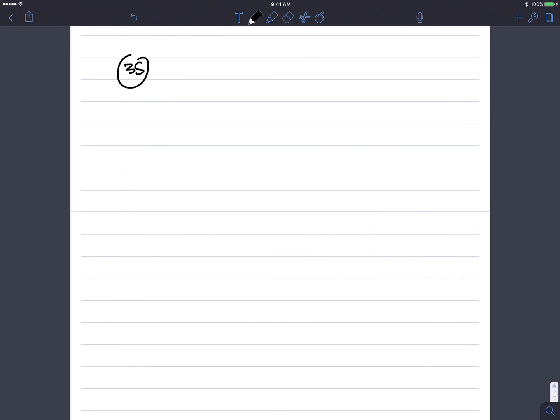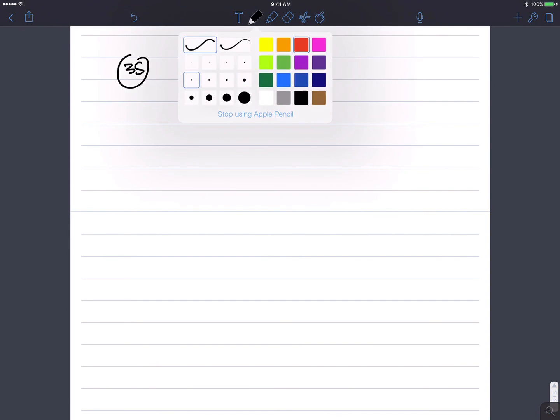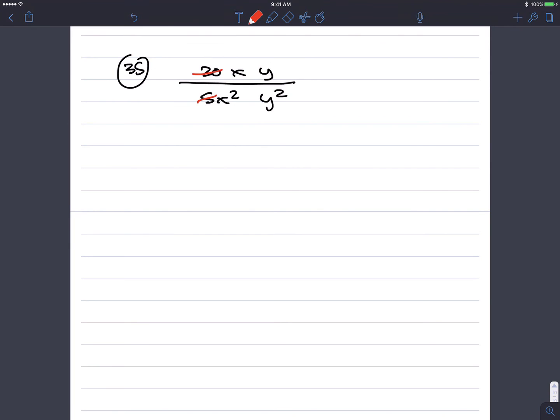Here's 35. 20xy over 5x squared y squared. 20 divided by 5 is 4. Don't forget you have 1s for the powers here. You get 4 x to the 1 minus 2, y to the 1 minus 2.